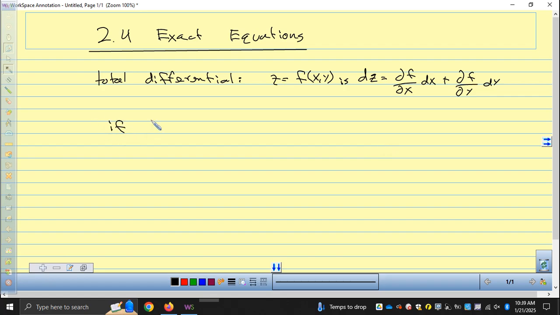If f of x y equals a constant, well, the derivative of the constant is 0, in that case, our total differential is 0. And this is a first order differential equation, where these are our coefficient functions and these are our differentials.